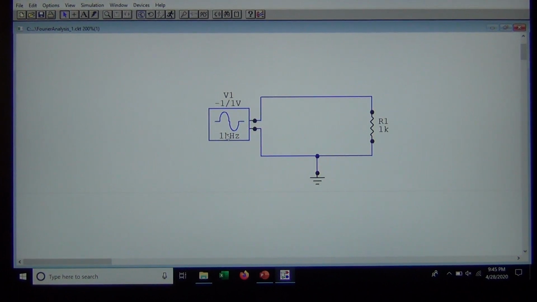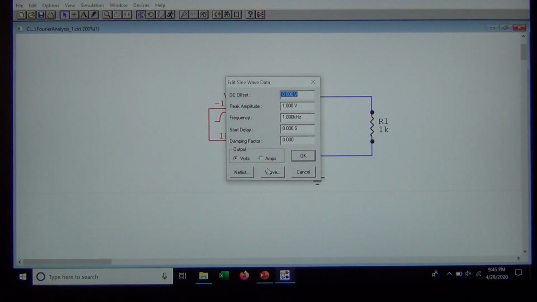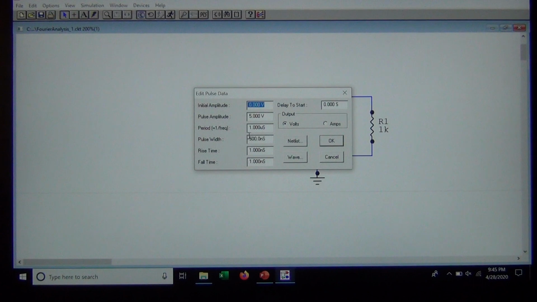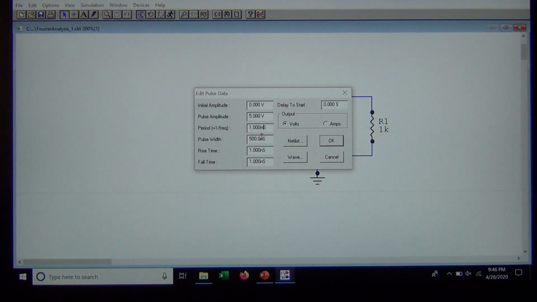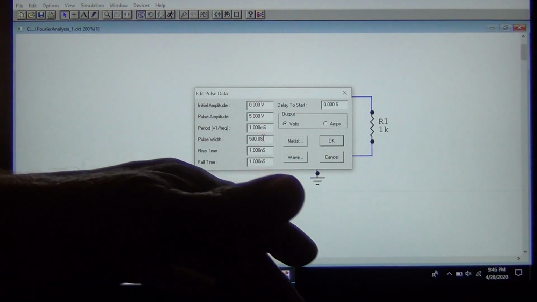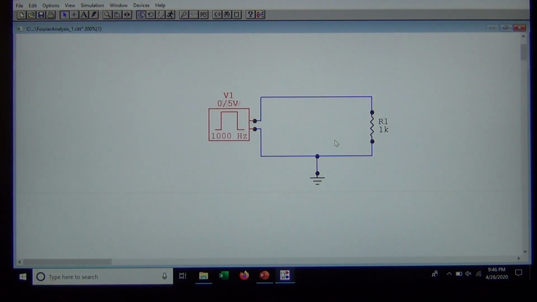Then I'm going to right click it, edit the signal generator, and change it to a different type of wave. I'm going to make it into a pulse waveform, and change its period from 1 microsecond to 1 millisecond. I'm going to change the pulse width to some number of microseconds here. I'm going to hit OK.